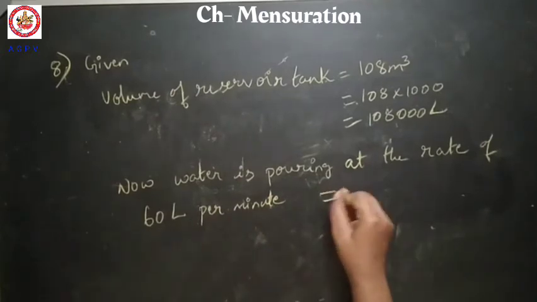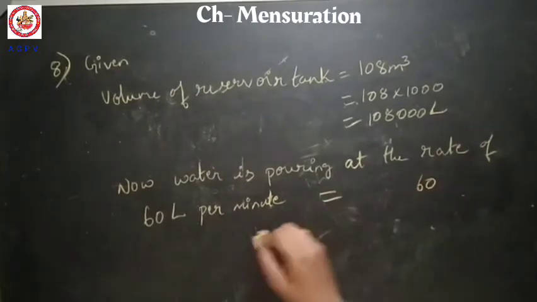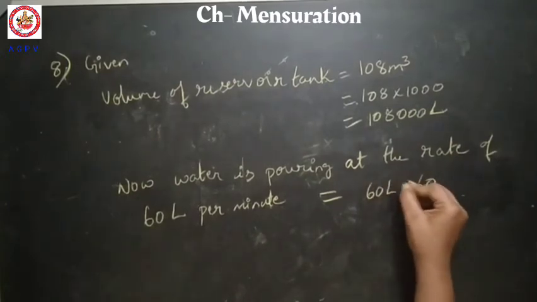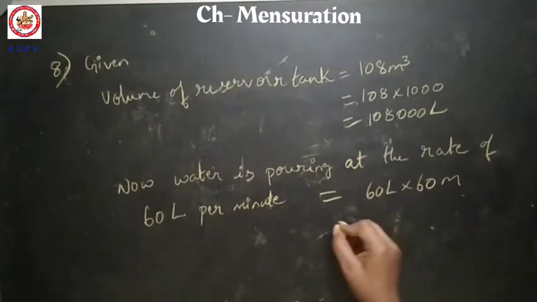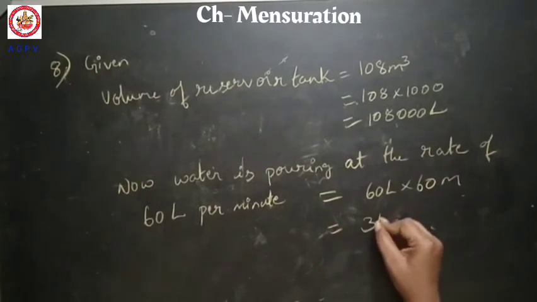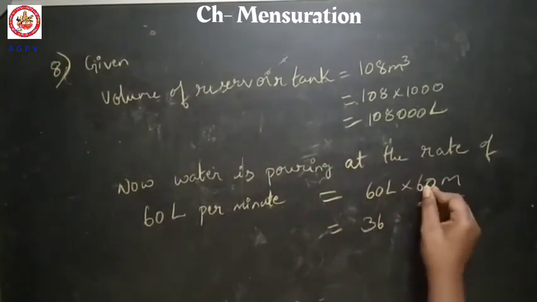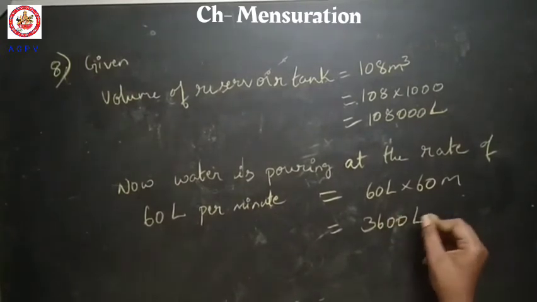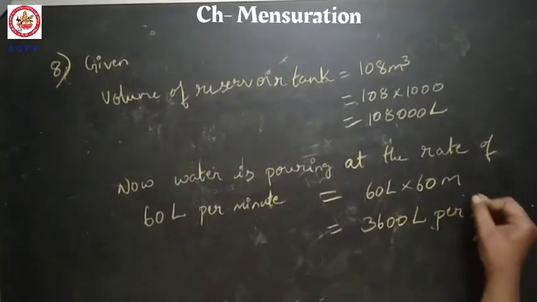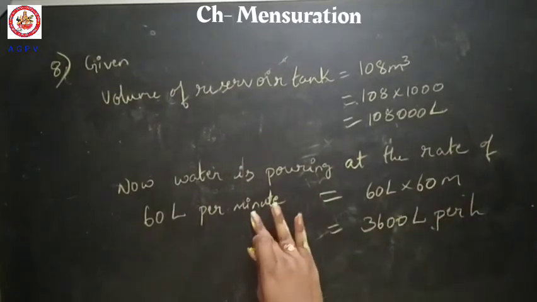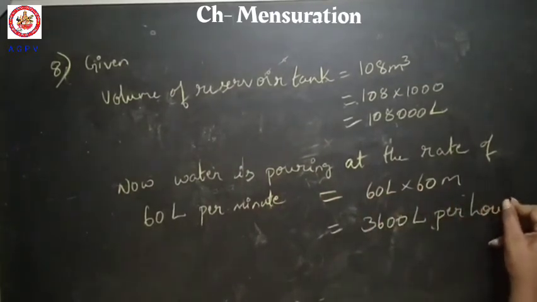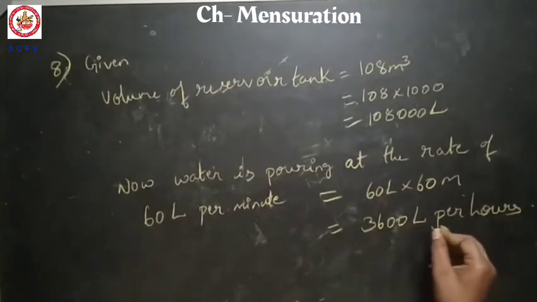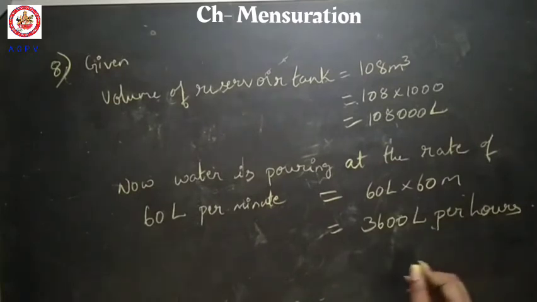Yes, we have to multiply by 60. Okay, already 60 liters is there. So 60 liters into 60 minutes will be giving you 36. 6 sixes are 36, and the remaining 0 is 00. So 3600 liters per hour. So we have converted minutes to hours. Okay, so 3600 liters per hour we got as the answer over here.